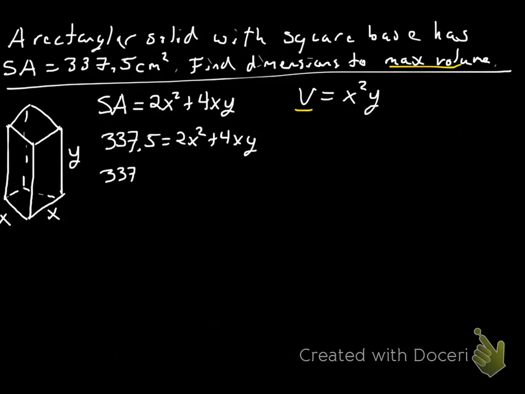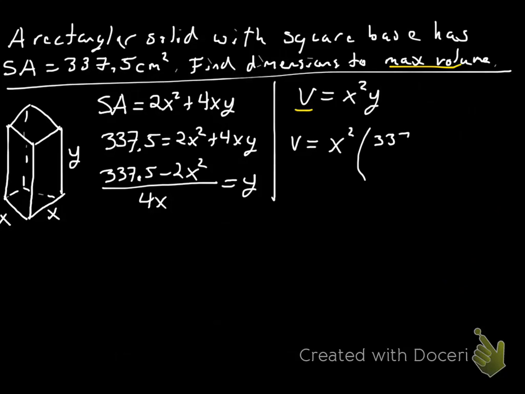So to solve that equation right here for the y, we're going to subtract 2x squared from both sides, and then we're going to divide by 4x. And that's going to give us y, and then we can plug that into the volume formula, and we'll have to work it out a little bit. Volume is equal to x squared times y.